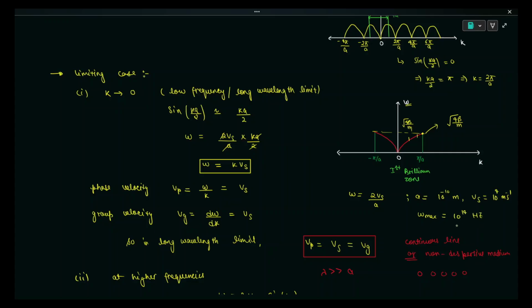So this is the maximum frequency which can be transmitted through this particular lattice. So you can figure out that this frequency is the upper limit, and below this, any electromagnetic radiation can also induce forced vibrations.